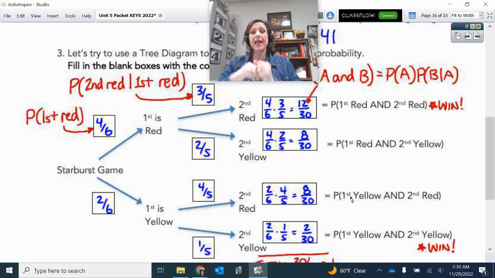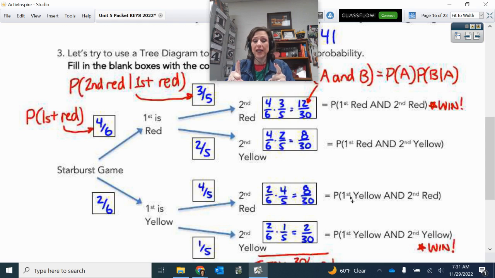So, for example, if I draw red the first time, so now I'm keeping it out, things are now changing, then there's this probability to win and this probability to lose. Okay? Conditional upon drawing red the first time, I have this probability to win and this probability to lose. But if I draw yellow first, then I have this probability to win and this probability to lose. So the probabilities of winning and losing changed based on what you drew first.